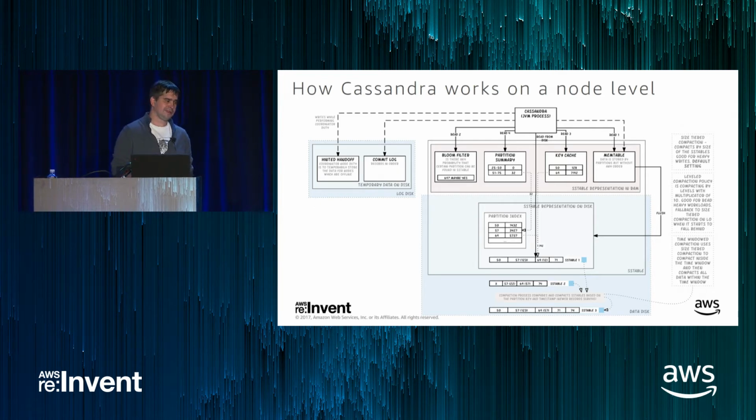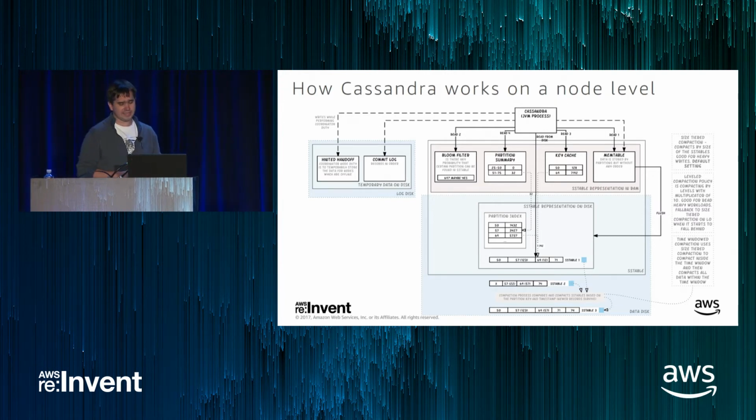So the read sequence is a bit more complicated. The thing is, the data is immutable in SS tables, and per node, you can have hundreds of SS tables, and they can be quite big, right? So they can be gigabytes of data per SS table.